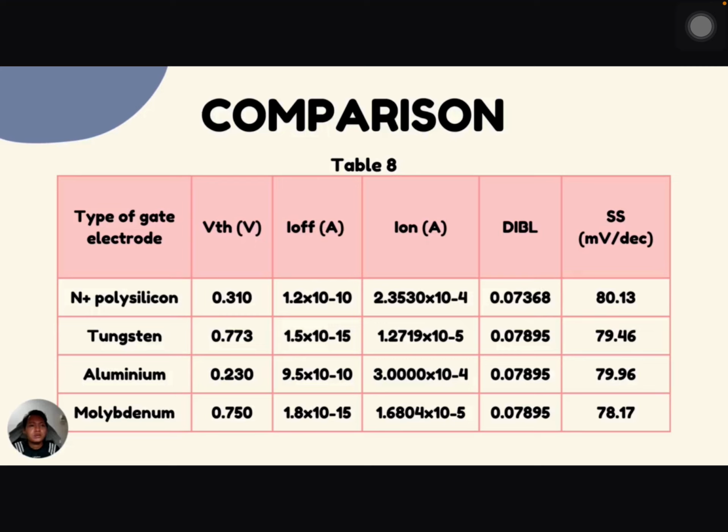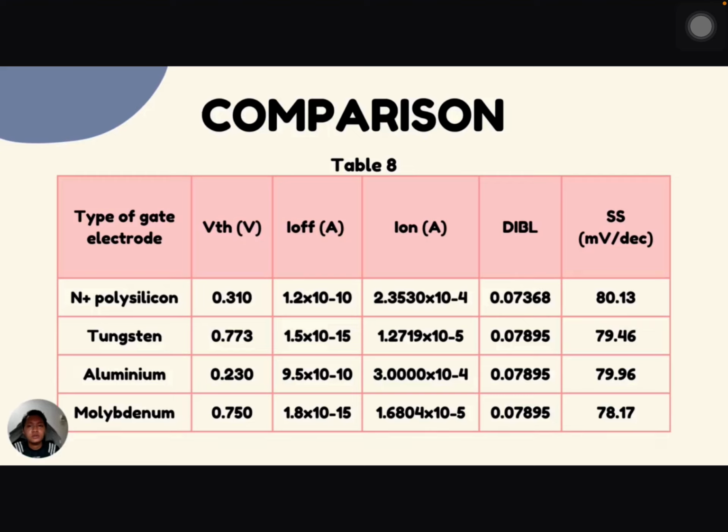Now I want to talk about the threshold voltage for tungsten, aluminum, and molybdenum. As you can see, the threshold voltage for aluminum is the least of those 3 devices, and the threshold voltage for tungsten is the highest among them.